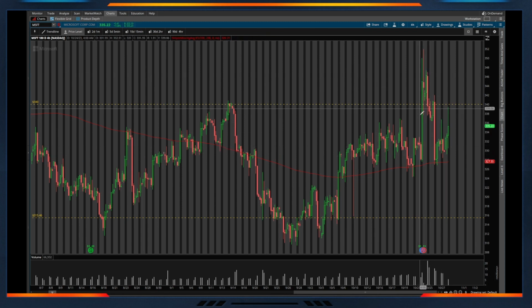But we did just break out right after that earnings announcement for a push higher to like 352. In this instance, we've pulled back and held the moving average. This is what got me interested in the trade initially, and I wanted a move above this 340 ceiling that we have marked on our chart.